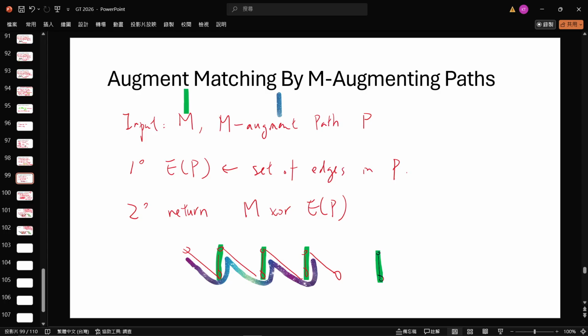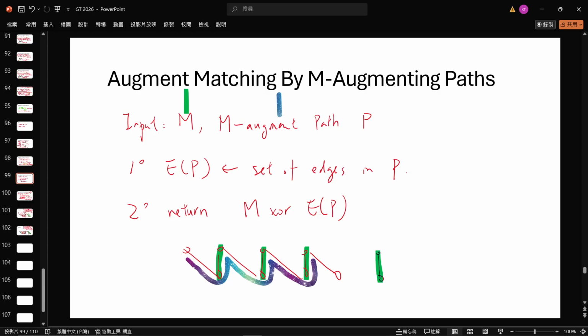So by taking the exclusive OR, I will keep this, okay? Because exclusive OR is like taking the union, but the only difference is that I'm going to remove any common edges, okay? If this edge is in M and P, then I'm going to remove it. Otherwise, I'm going to keep it.